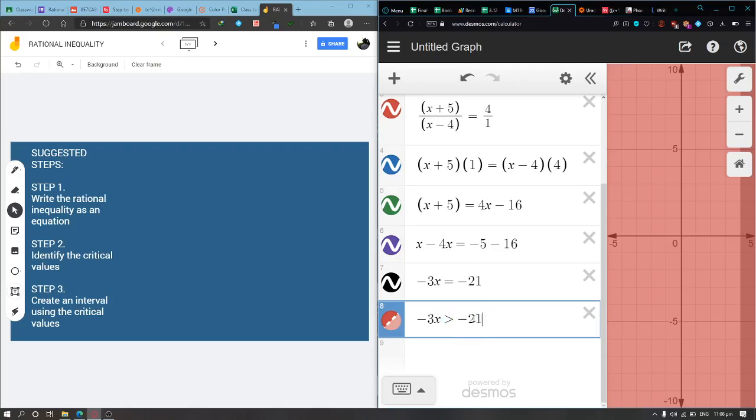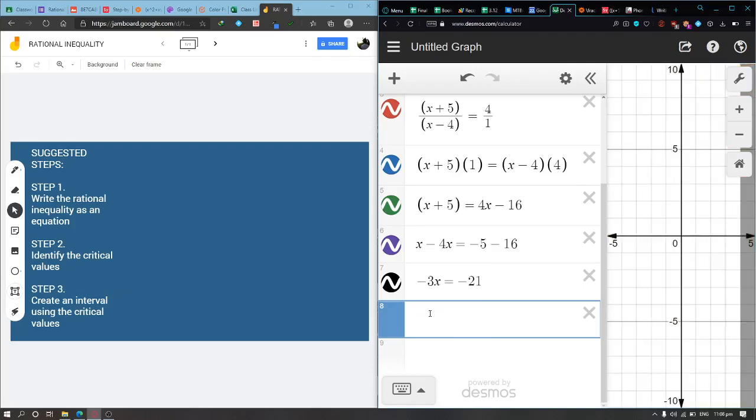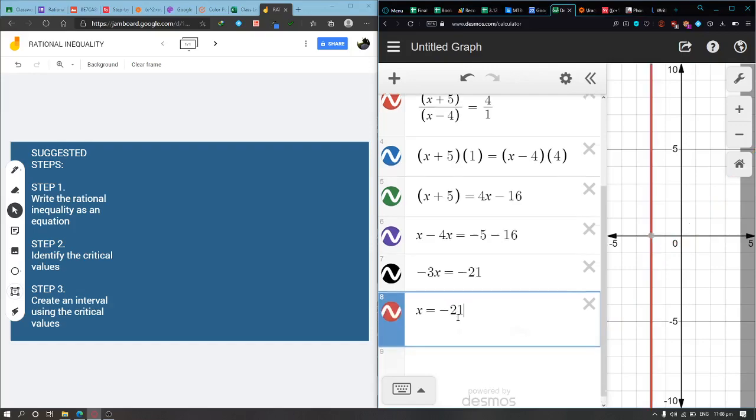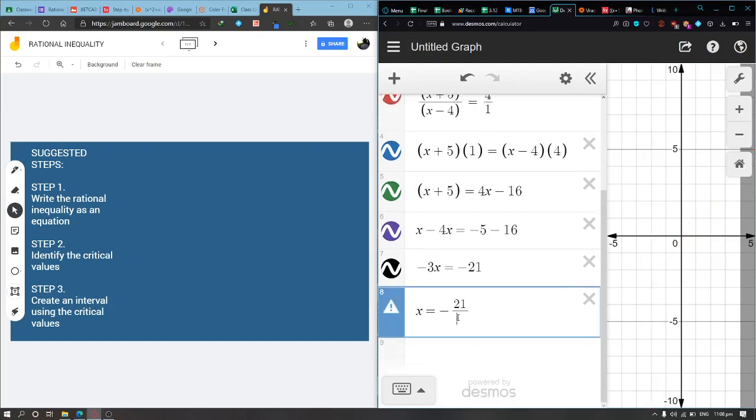So to remove the confusion, just directly solve it using this step.